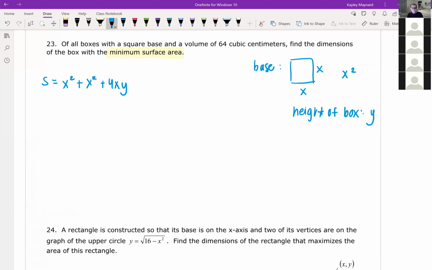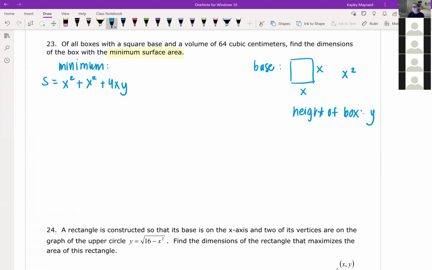So yeah. Okay, so we're minimizing this, sorry. So we're doing the minimum here. And then the next thing that we want to identify is a constraint. It tells you that it has a volume of 64 cubic centimeters.